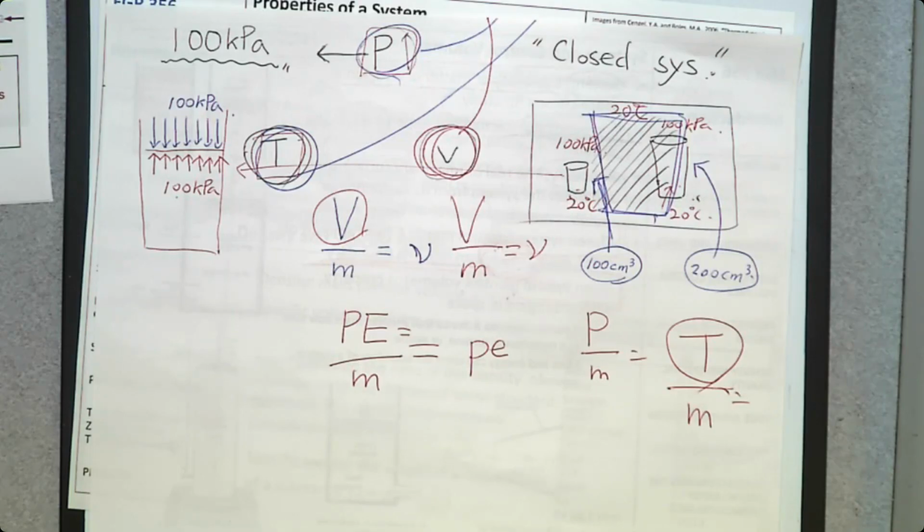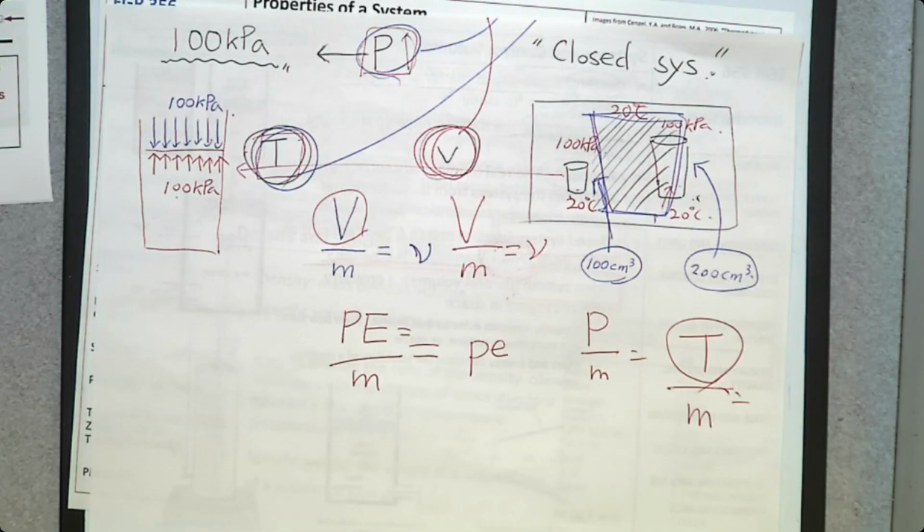So there are intensive properties which are independent of mass. We use them in our thermodynamic equations. There are also extensive properties which depend on the mass. We don't use them directly. We divide them by mass and use their specific properties in our thermodynamic analysis.